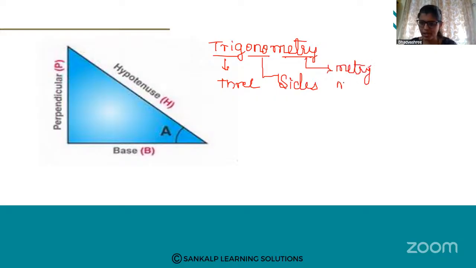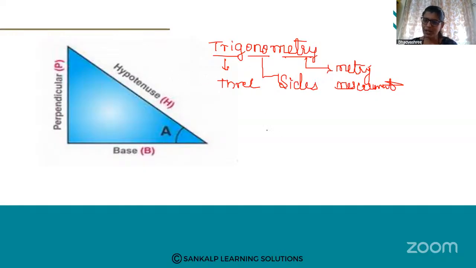So, measurement of 3 sides, that we call trigonometry. It is a popular branch of mathematics which deals with the study or measurement of the 3 sides and angles of the triangle.